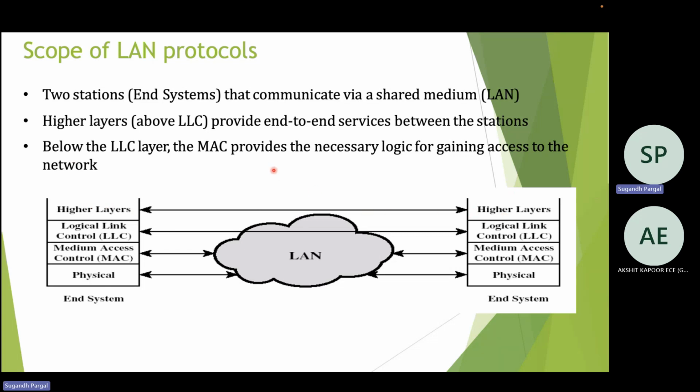Below the logical layer, the MAC layer provides the necessary logic for gaining access to the network. Say we have the ARP protocol, which finds the MAC address corresponding to the IP address. Then it connects over the physical medium. All those communications are done using the MAC and physical layer.